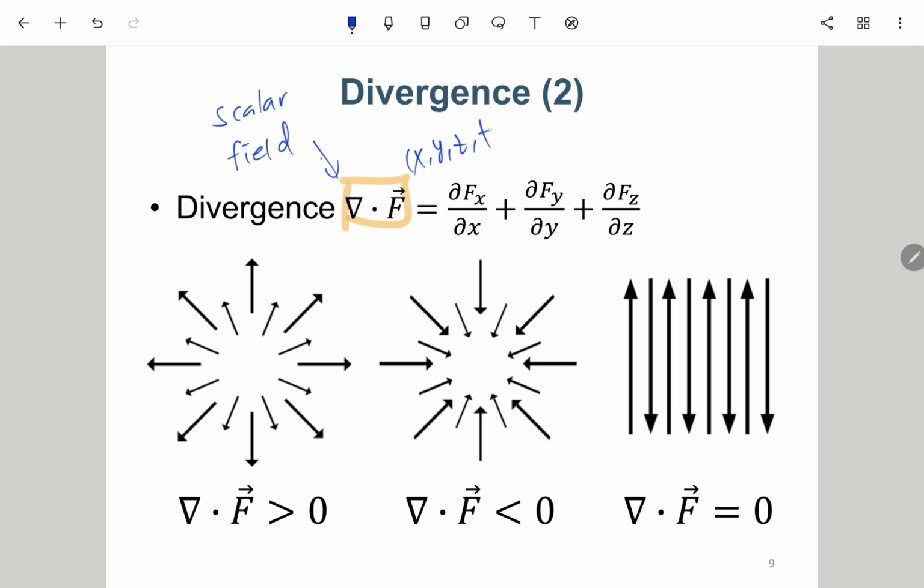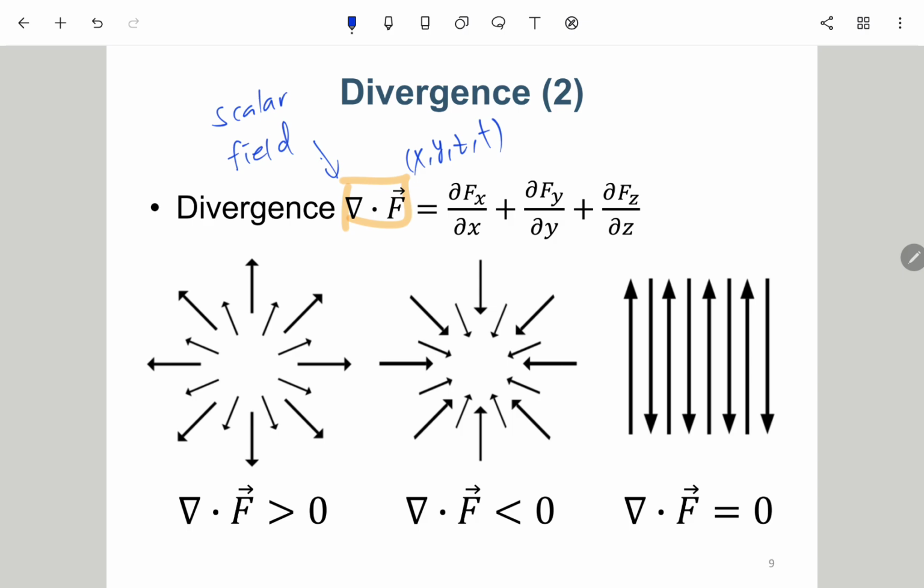So given a set of x, y, z, and t, maybe this point at this moment, it has a value. For that point at another moment, it also has a value. Or maybe fixing a point, and then when the t changes, maybe it has the same value, or maybe it has a different value. Depends on whether the environment changes or not.